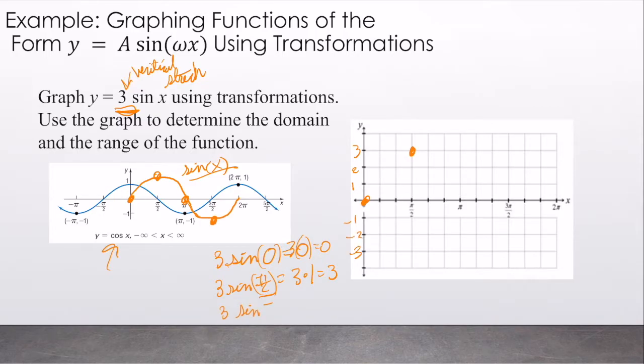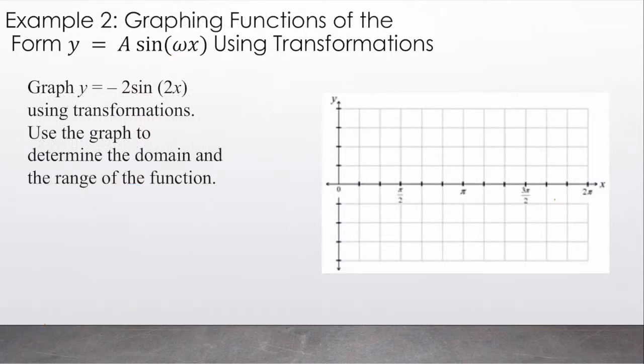Sine of pi is 0, so I have 3 times 0, which again is 0. 3 times sine of 3 pi over 2, well, sine of 3 pi over 2 is negative 1, so 3 times negative 1 is negative 3, right? I'm multiplying all the y outputs by 3.